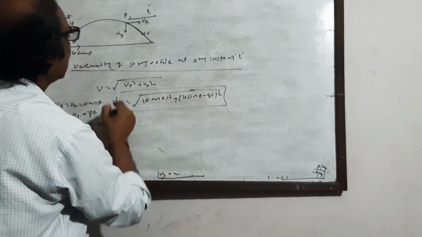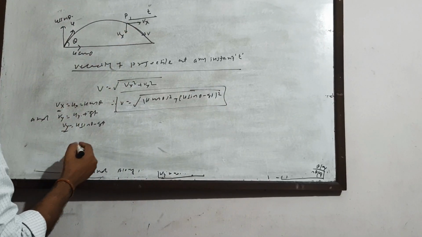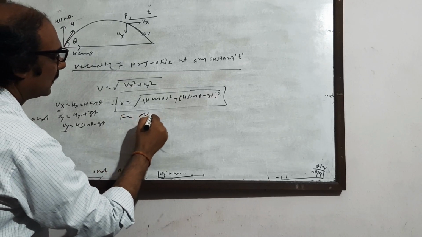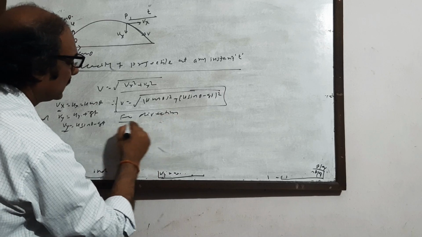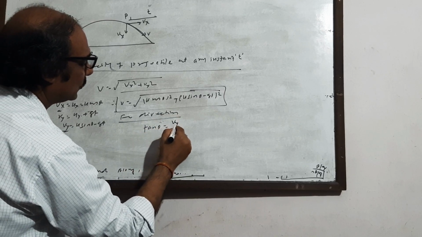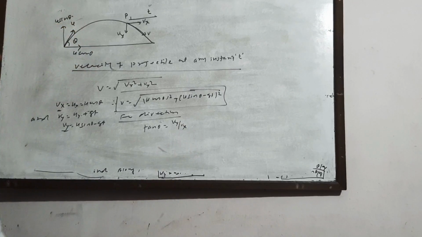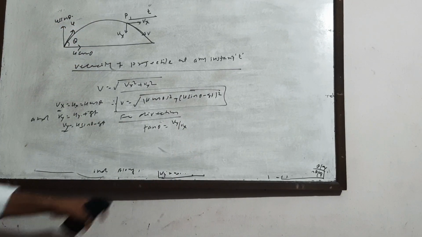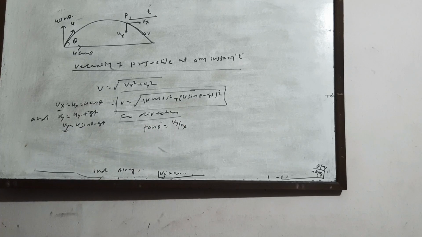To find out the direction of the projectile at this instant, tan theta is equal to vy by vx, the ratio of the final velocity along the y-axis to the final velocity along the x-axis.